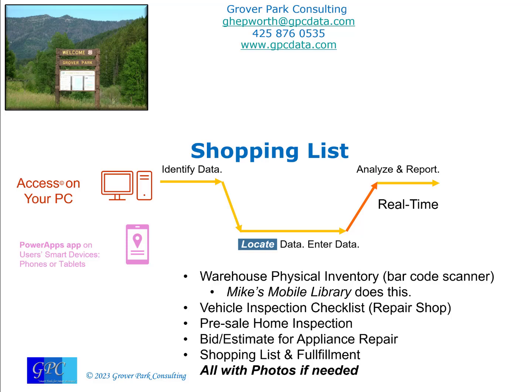And you see this all the time in grocery stores, for example, where you have the inventory taker sitting down in front of a shelf and scanning the items on the shelf. That's what they're doing. They're implementing this mobile data location, data entry.